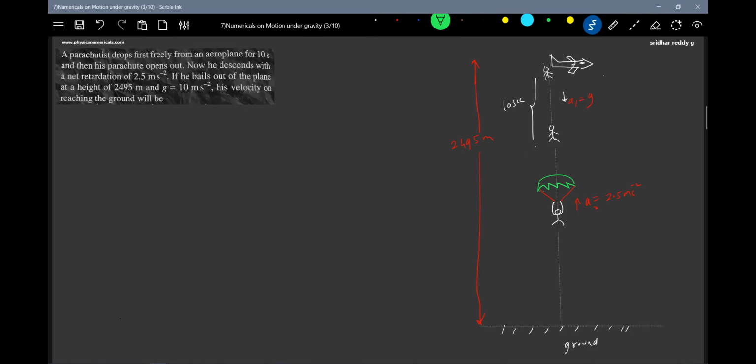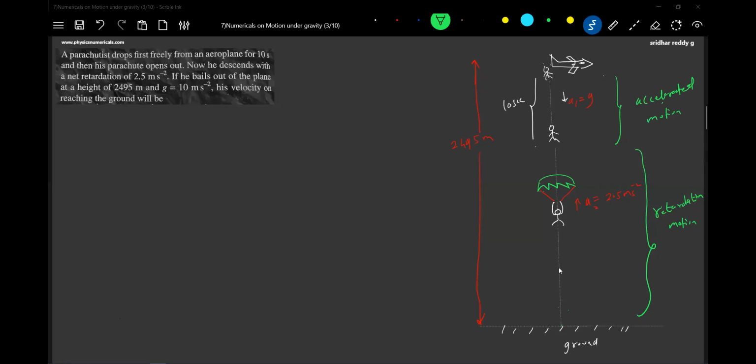Let me indicate that the first part is accelerated motion, free fall, and then this will be retarding motion.